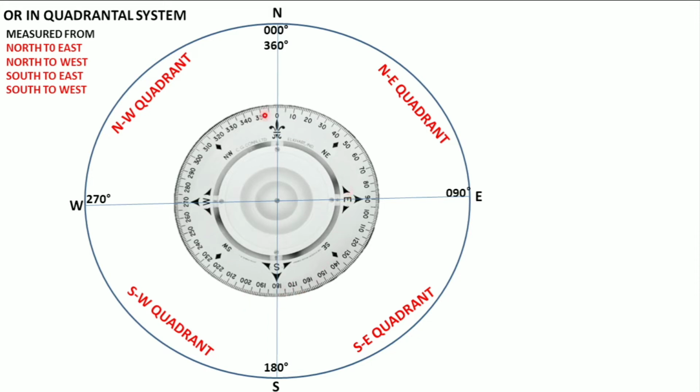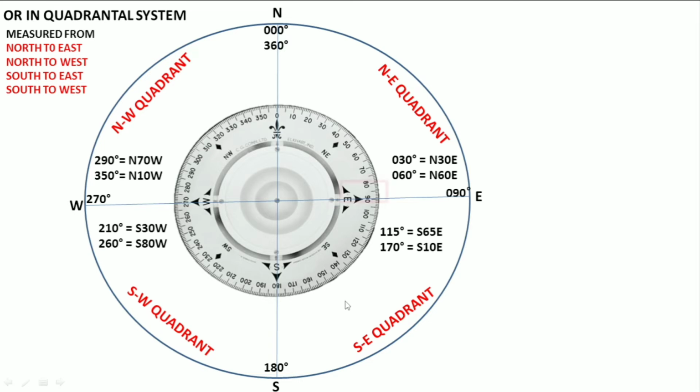It's never from east to north or west to south. It's always from north and south that we measure our angles here. Now, as I said, 60 degrees is called northeast because it's making an angle of 60 degrees from north. And similarly, 290 degrees is making a 70 degree angle from north towards west. So we call it northwest 70.